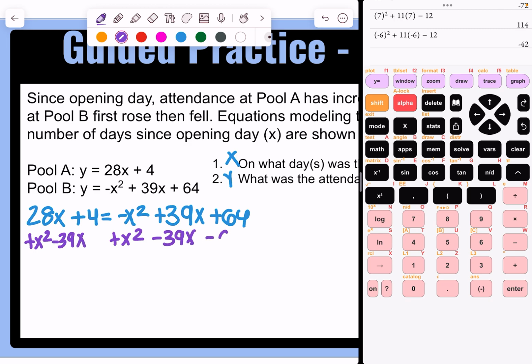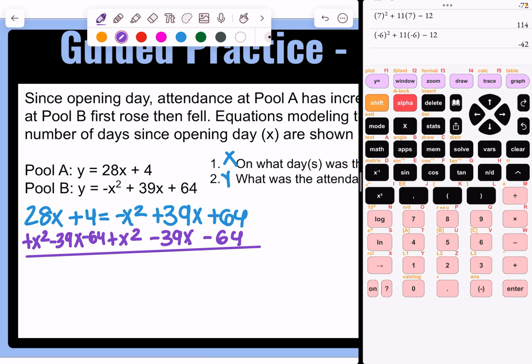And this one is minusing 64. All right, so x squared, 28 minus 39 is negative 11x, and 4 minus 64 is negative 60.